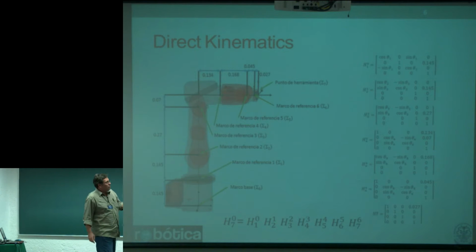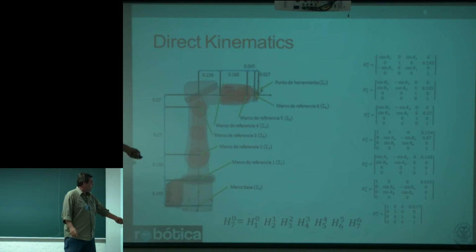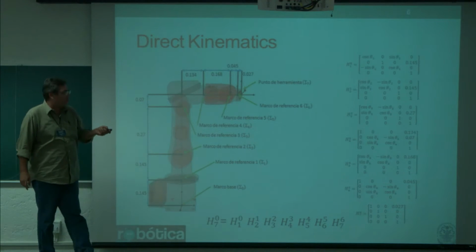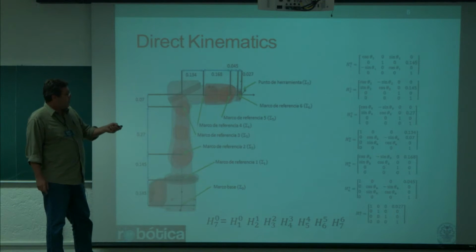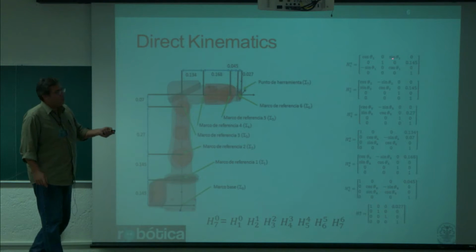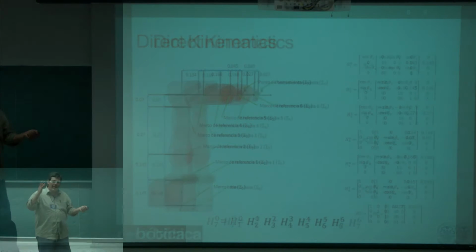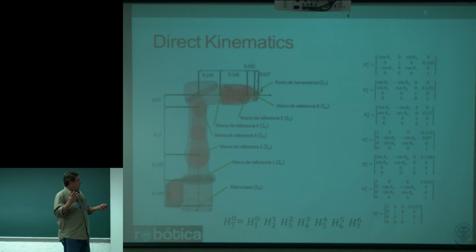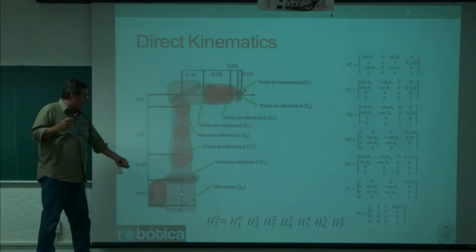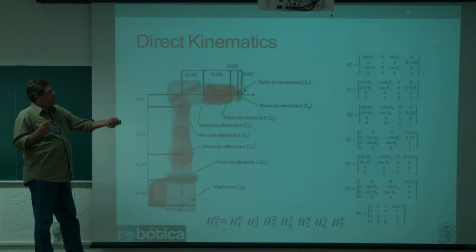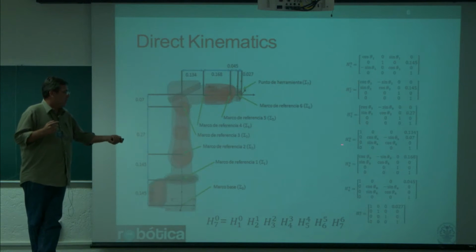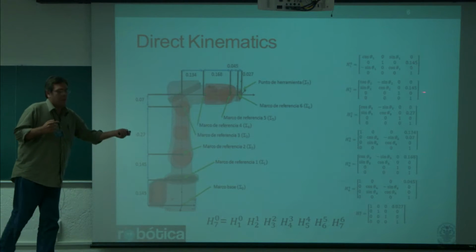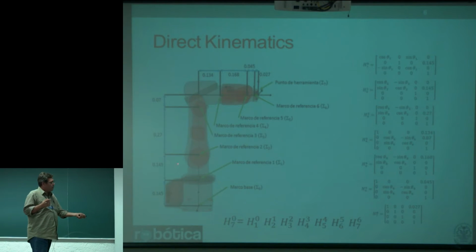Okay? So what are the mathematical tools behind this basic computation? First, we need to attach a frame to each link, an orthonormal frame, and then describe the position and orientation using a transformation matrix. We can use the Denavit-Hartenberg convention, which is a standard way of assigning frames, or we can simply attach a frame and move it to the next, and then detect if it's rotating in Y, in Z, in X, etc. And then add the position vector from each frame to the next.